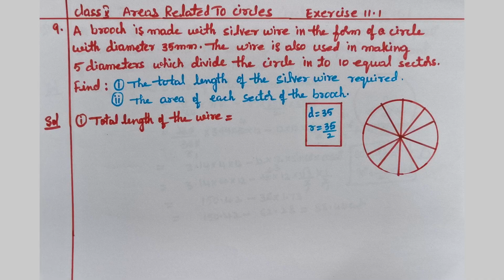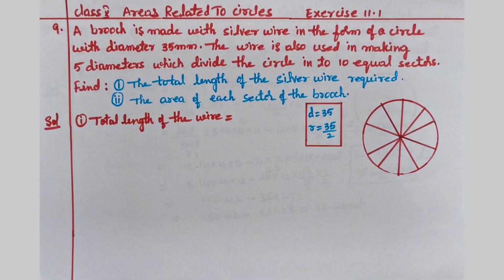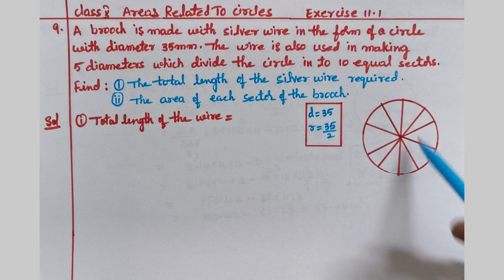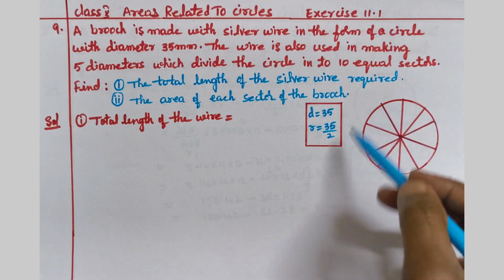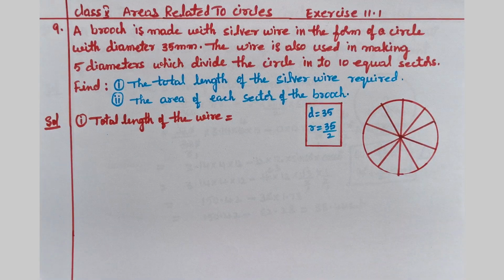Okay, wire length we will find. Once again repeat. See here, wire where we are using this circumference wire using, this diameter also wire using. How you will find this circumference plus this 5 diameters total means you will get wire. Where is there silver wire? This circumference is there. This 5 diameter silver wire is there.